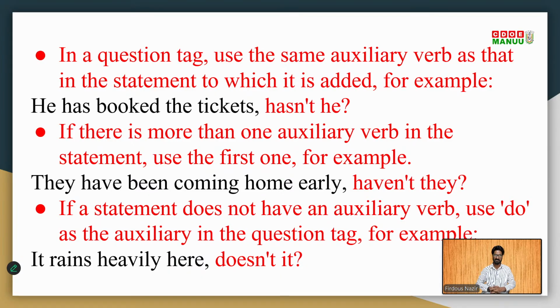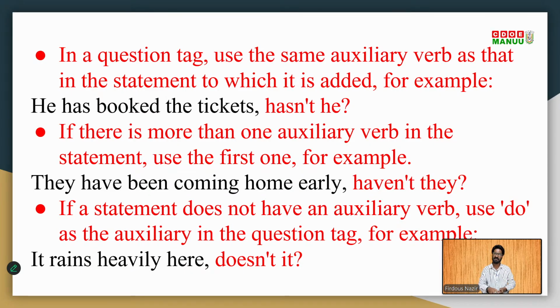Then we have, if a statement does not have an auxiliary verb, again this is very much important. Some statements have no auxiliary verbs. Suppose he runs fast. Here we have the main verb runs. We don't have any auxiliary verb. So when we don't have an auxiliary verb, what we do is add do, does or did.